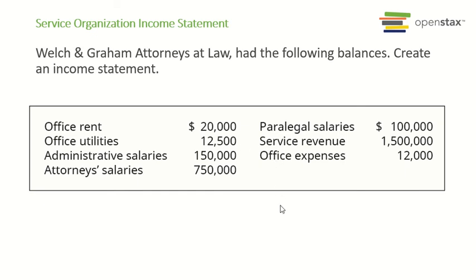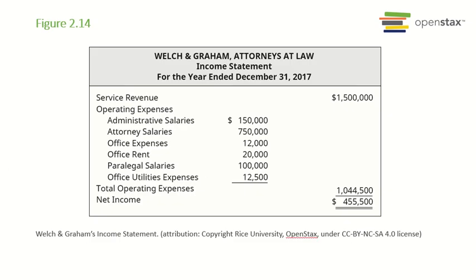For the income statement, we need to start with service revenue, $1.5 million, minus all the operating expenses: office rent, office utility, salaries, attorney salaries, paralegal salaries, office expenses. These are all operating expenses. So we use service revenue minus all the operating expenses, we get the net income. So this is how the income statement for this law firm looks.